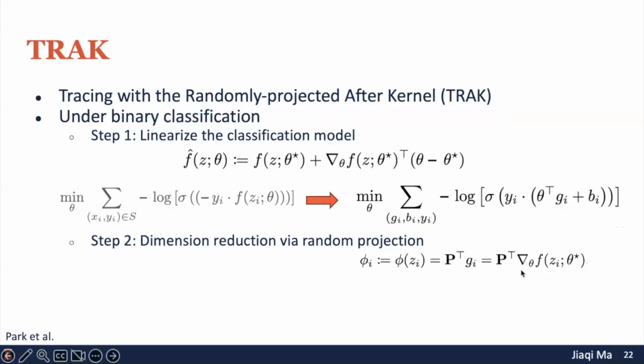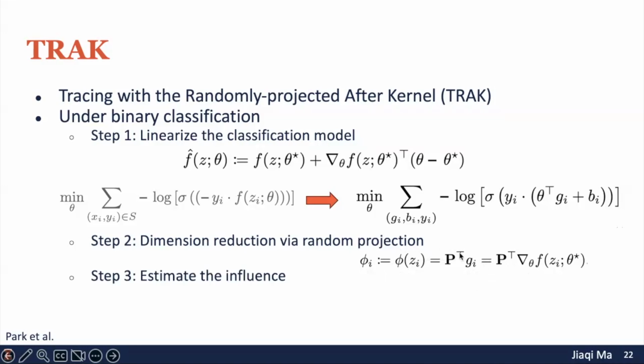Here P is a random projection matrix, and it reduces the vector to another feature map phi, which has a much smaller dimension than g_i. Random projection is a common technique for dimension reduction.